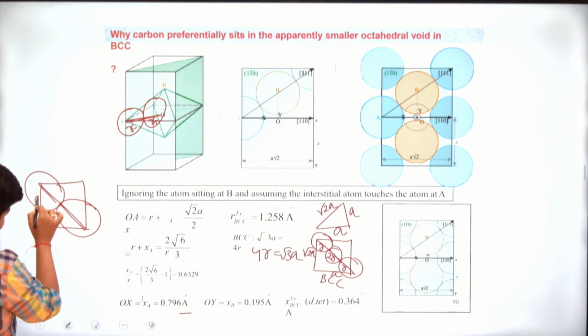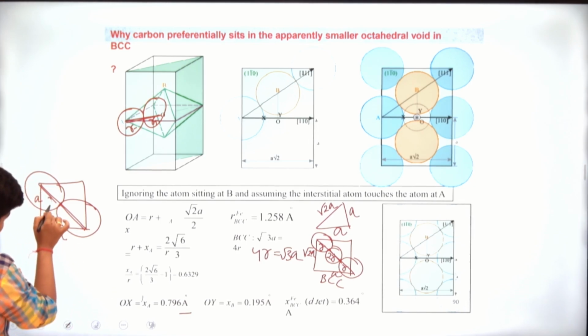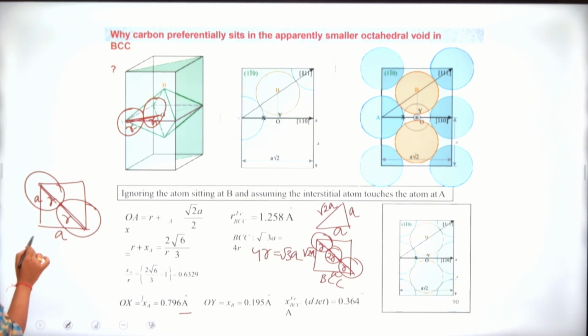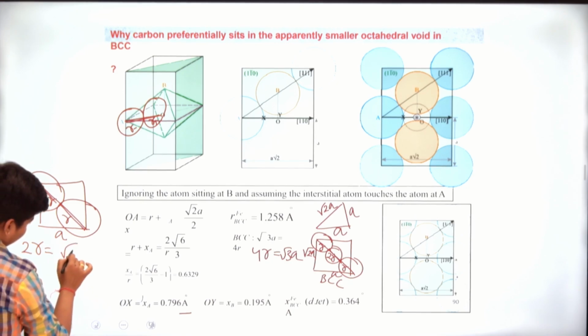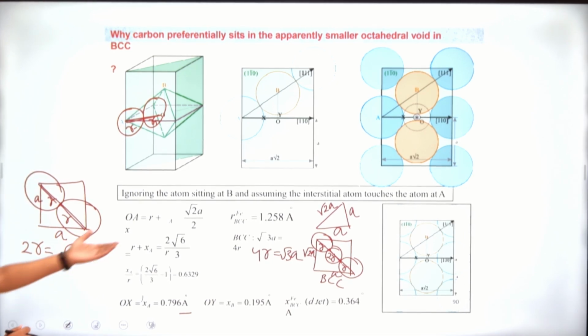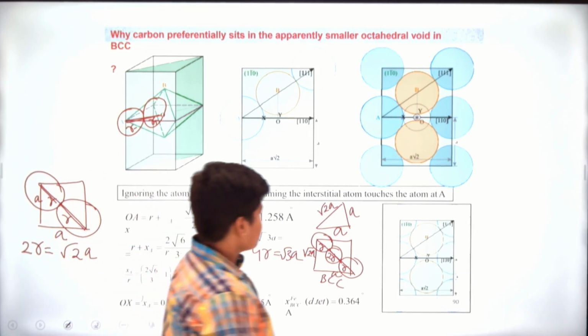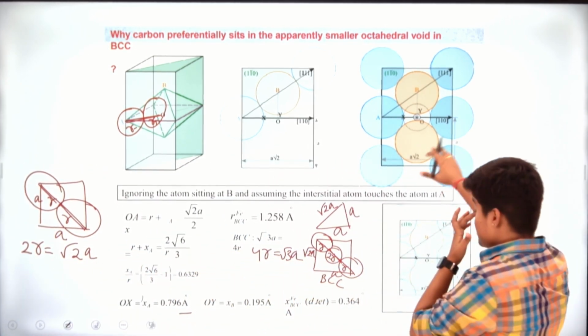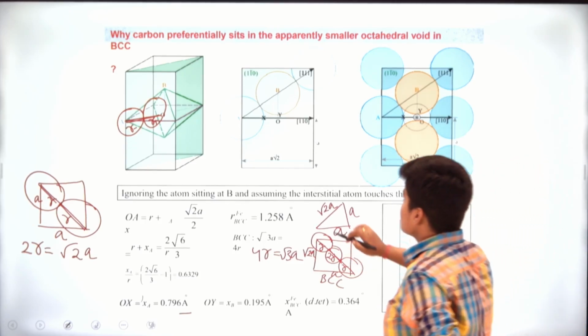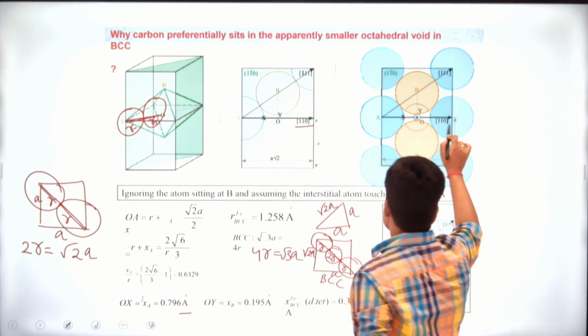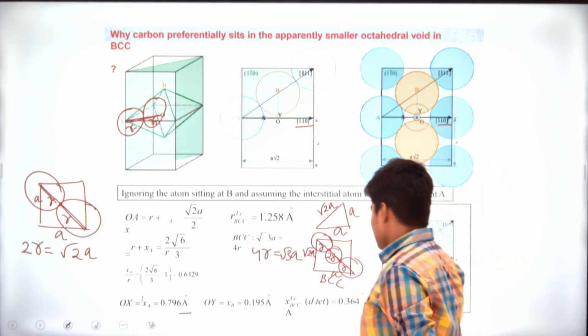So here it will be A, here it will be A, R, R. So by applying the Pythagoras formula, 2R will be root 2A. Okay, so these are the calculations. These are the lattice points and how it is calculated, and these are the Miller indices 110, 110, like this. Okay, this is the calculation of how it comes.